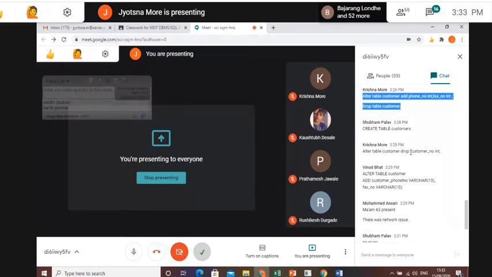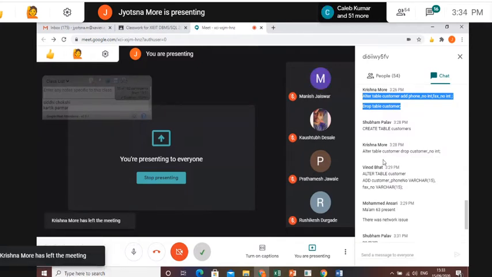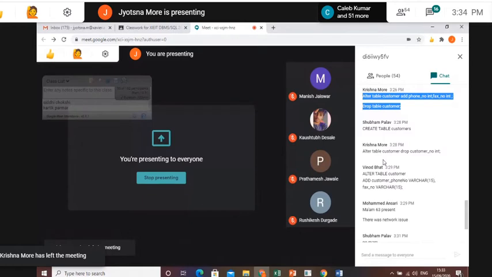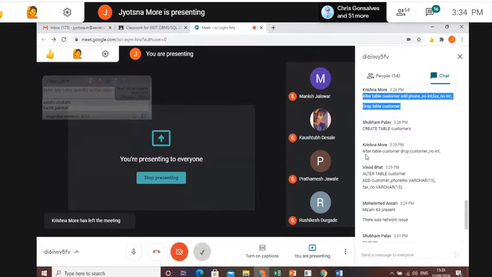Then you can directly say drop primary key. Right now I have created the table long back, but I don't remember which was my primary key. So for that purpose, what I will do: alter table name, drop primary key. That's it, and semicolon. With this, I will get my result.